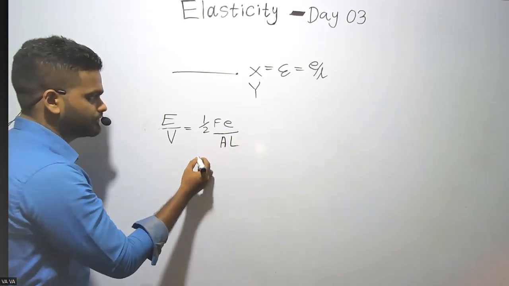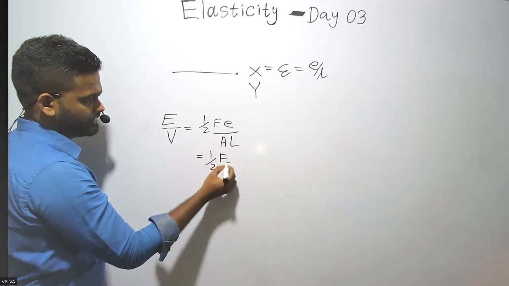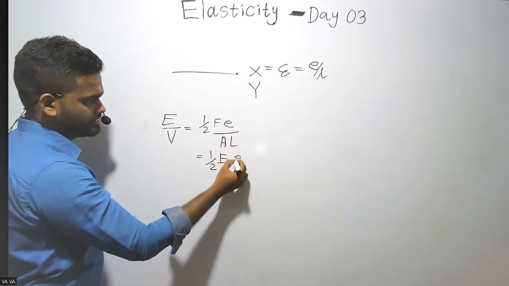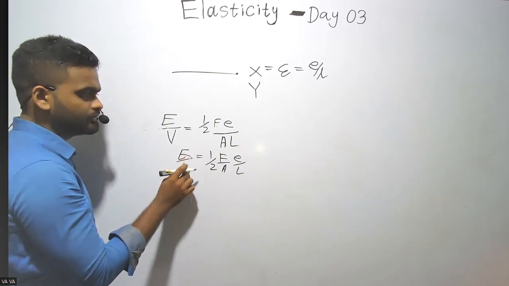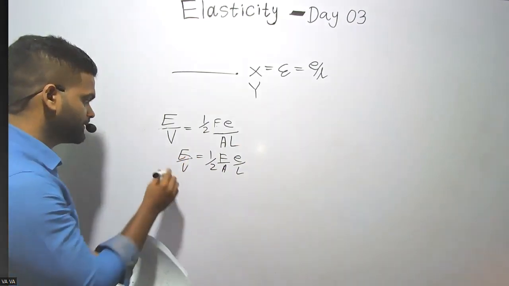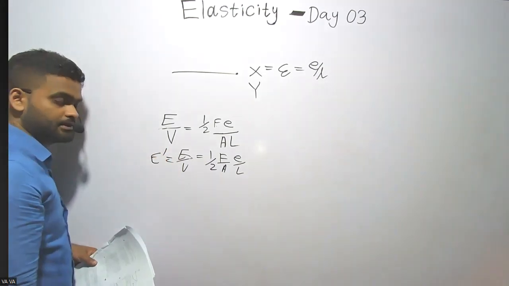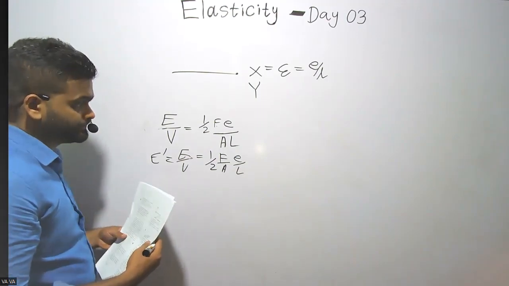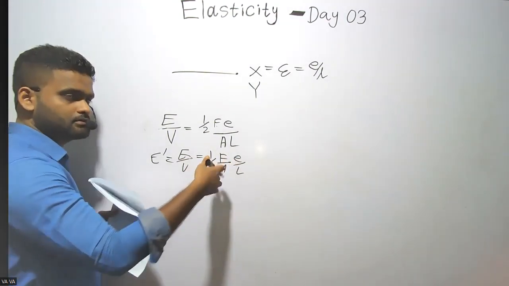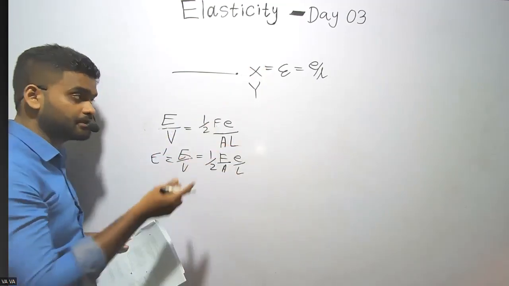So you can divide A here, e here, and length here. So this is the energy per unit volume. Let's say I'll give that a term, capital E dash. Then you just have to do substitutions and cross multiplying, then get the answer in terms of X and Y.